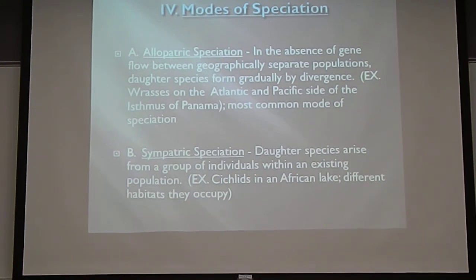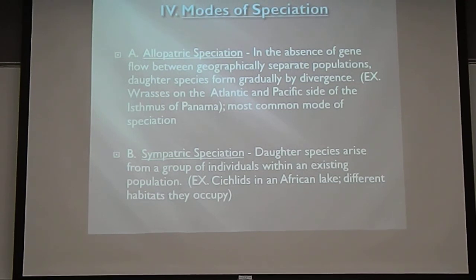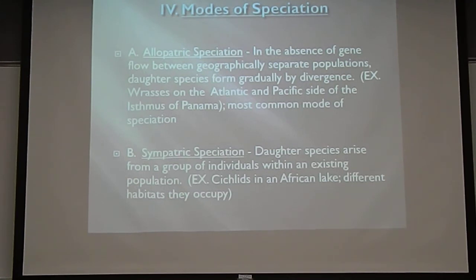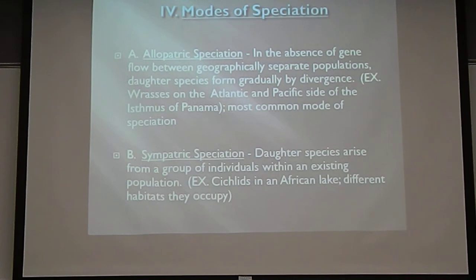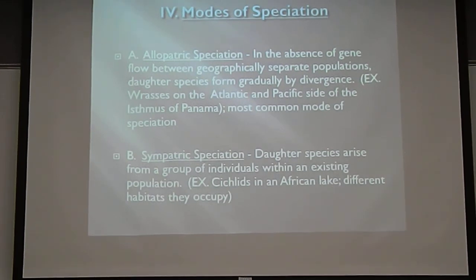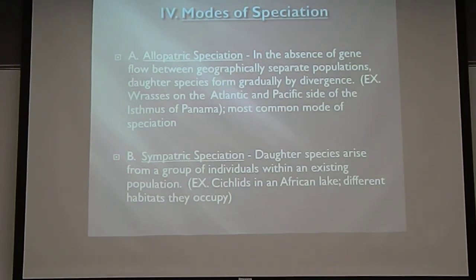This is called allopatric speciation, and there are these fish called wrasses. They are reef fish. At one time, the Gulf of Mexico and the Pacific Ocean were not separated by land. The isthmus arose and separated the Atlantic Ocean from the Pacific Ocean in Panama.